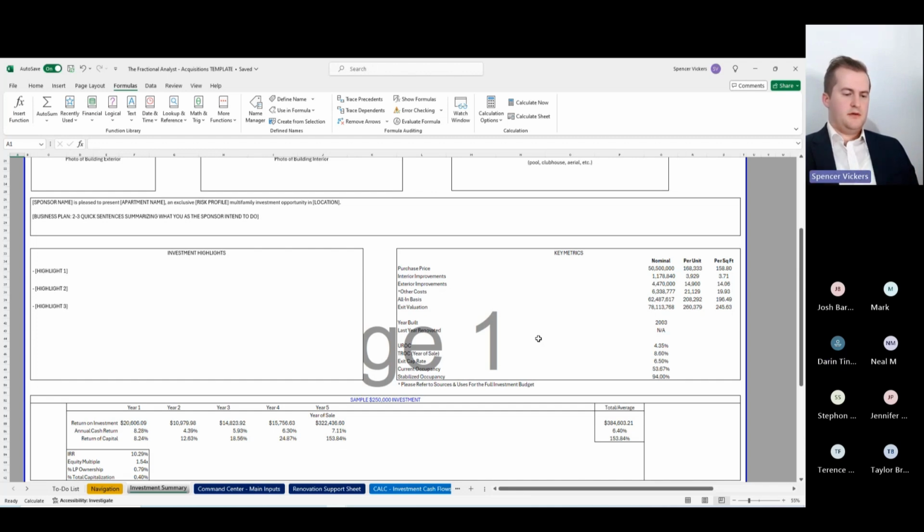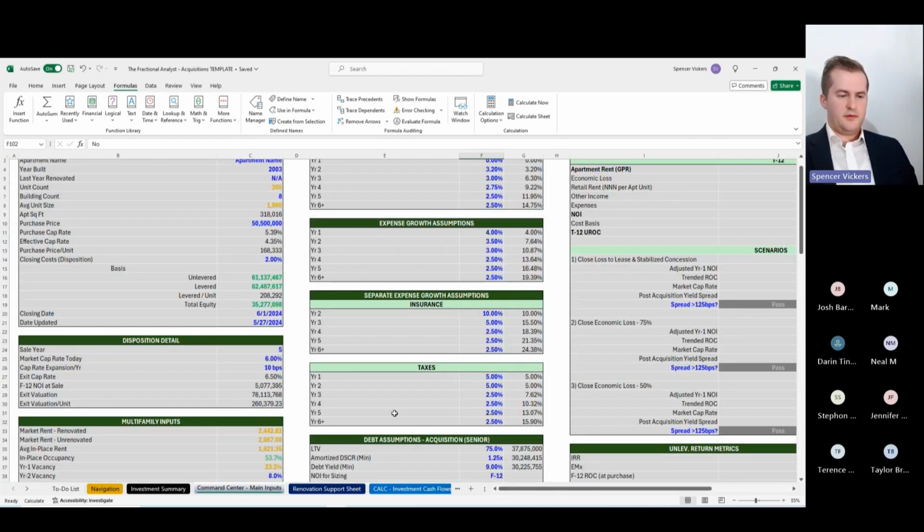Sure. So the place that I'm probably going to spend the most time is going to be on the command center main inputs, but I'm really going to spend the most time here as I'm getting set up in a particular submarket and in a particular way of operations. It depends on your source of information.